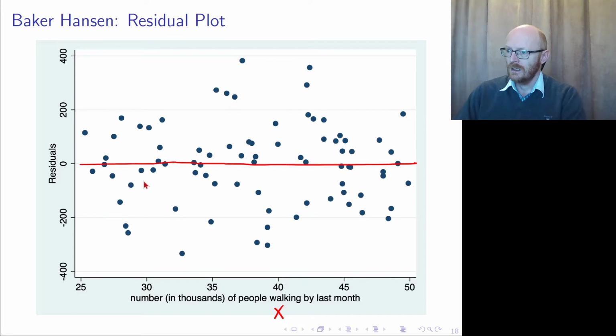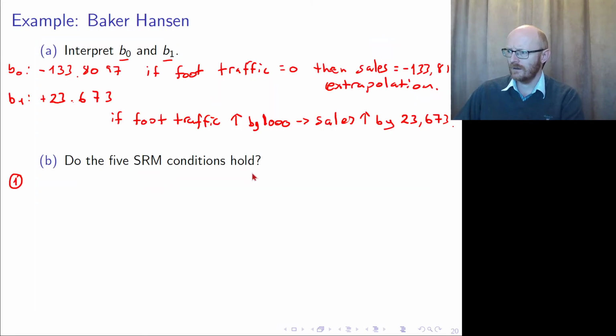And if we take the residuals versus the x variable, then we can't really find or decipher nonlinear pattern, which means that our model has been correctly specified regarding nonlinearity. So, is it linear? Yes.